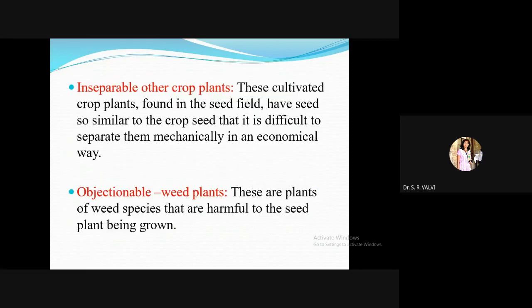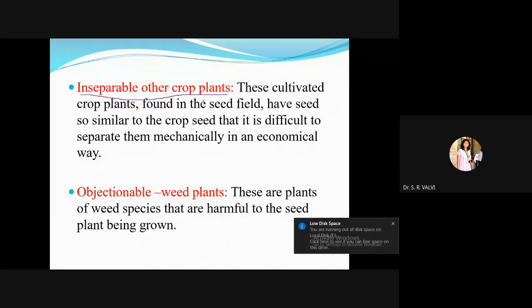Now, second point, inseparable other crop plants. This is very difficult, I can say, because we can't separate them out. These are crop plants which give a similar kind of plant structure and similar kind of seeds, and it is very difficult to separate those seeds mechanically.